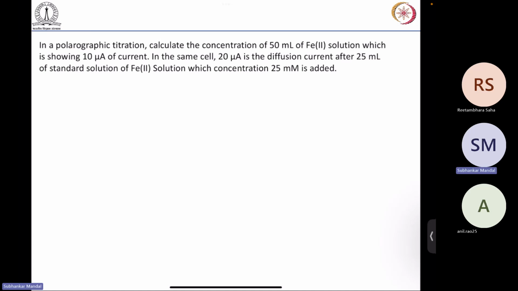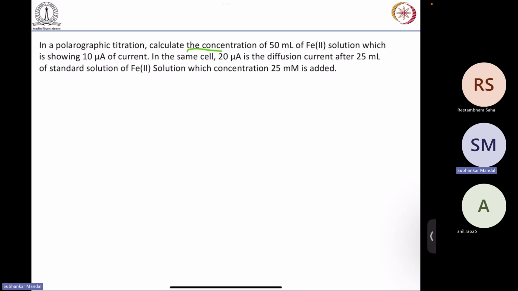So we have to calculate the concentration. This is basically the standard addition method, I think we have discussed.